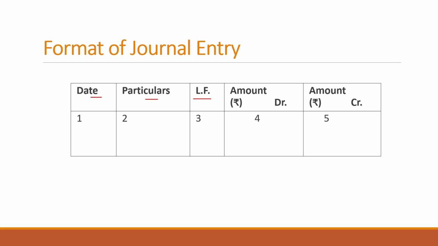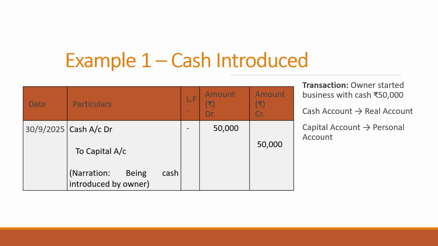Next comes the amount, that is debit. The debit amount is recorded in this column on the same line as the debit account. And the last column is the credit column. The credit amount is indicated in this column on the line displaying the credited account.